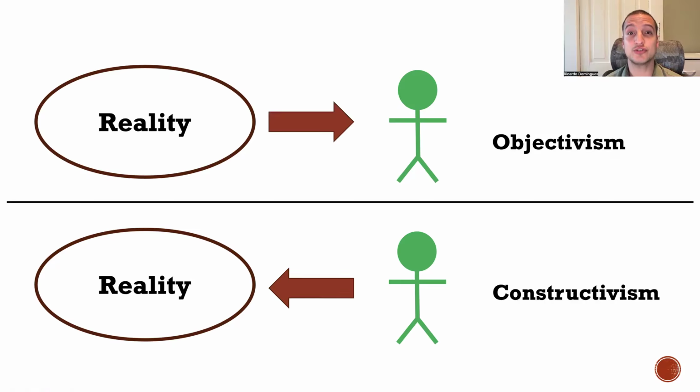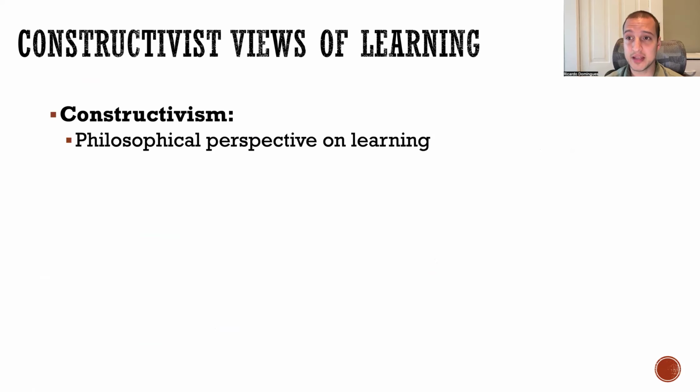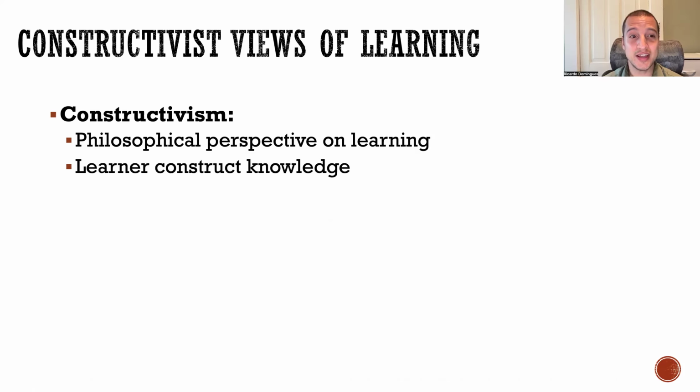That's where the name constructivism comes from, and therefore, according to this perspective, learning is the process of constructing reality. So constructivism is a philosophical perspective that claims that reality itself is constructed by the individual, and therefore learning is the process of constructing knowledge.